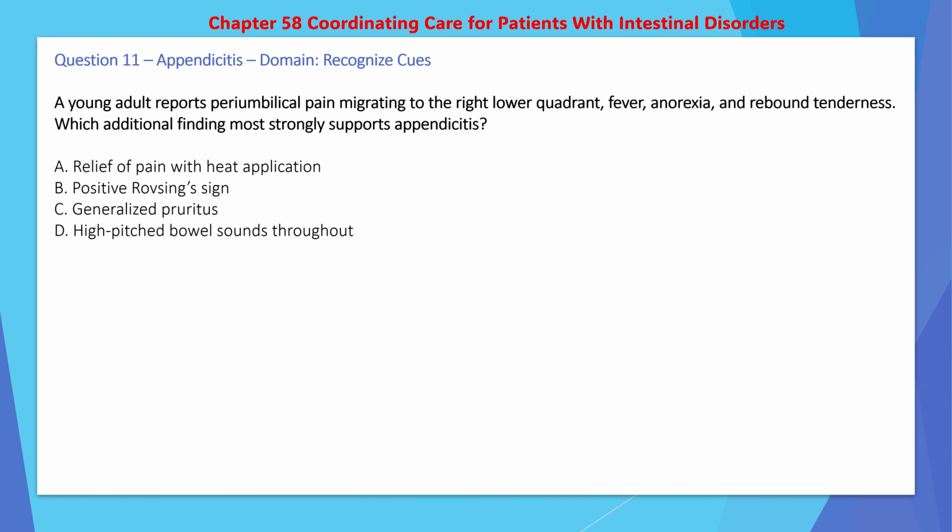Question 11. Appendicitis, recognizing cues. A young adult reports periumbilical pain migrating to the right lower quadrant, fever, anorexia, and rebound tenderness. Which additional finding most strongly supports appendicitis?